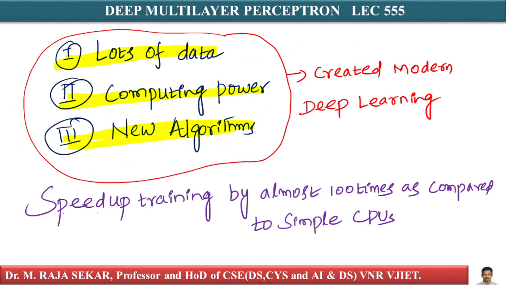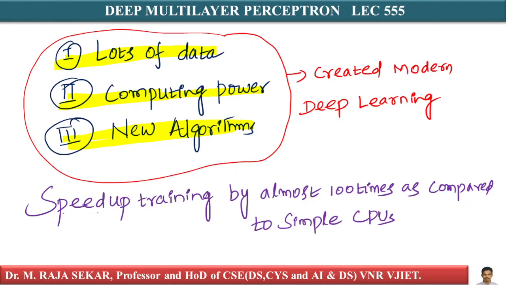We will see why GPUs are powerful in the next chapter, when we go into programming. We have lots of data because of the internet. These three things together, not any one of them, created this modern miracle called deep learning. What are those three things? Lots of data, computing power, new algorithms.